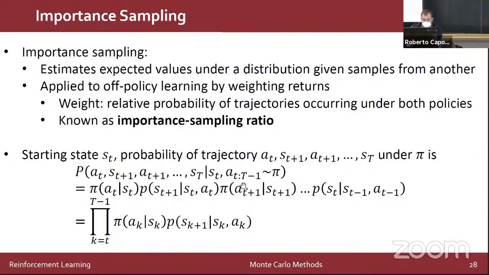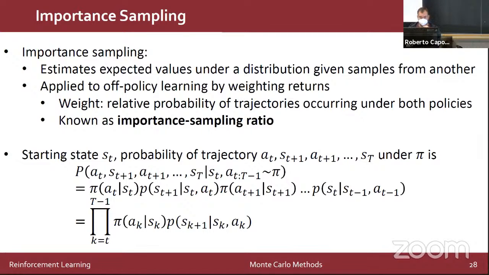If we have the probability of selecting a certain action, we can compute the probability then of transitioning in a new state because we have the transition probability. So this is how you will compute the probability of a trajectory. It's just the product, starting from state t until the end of the trajectory, of the policy and the transition probability.